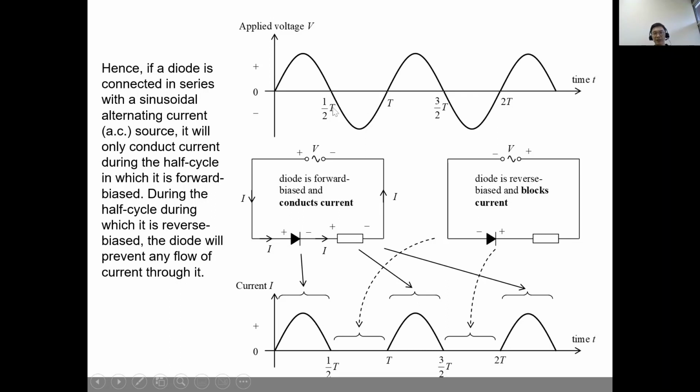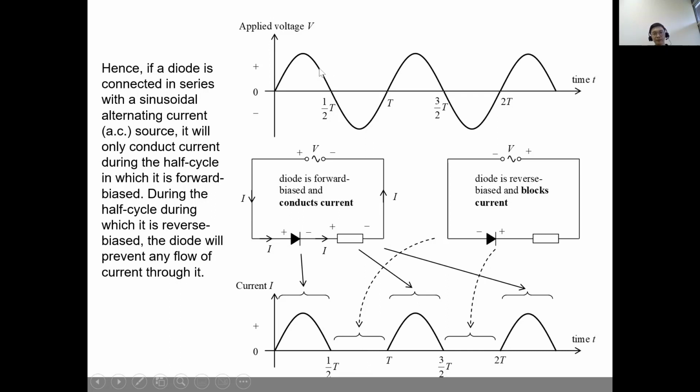In the second half of the period, the voltage is now positive on the right-hand side of the terminals. It tries to go down this way, but it is blocked by the diode because the diode is fixed in direction. You get no current flowing through. The voltage is still there, but you have no current flowing through.